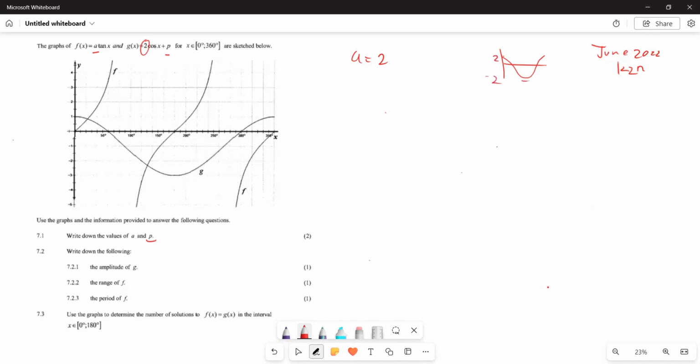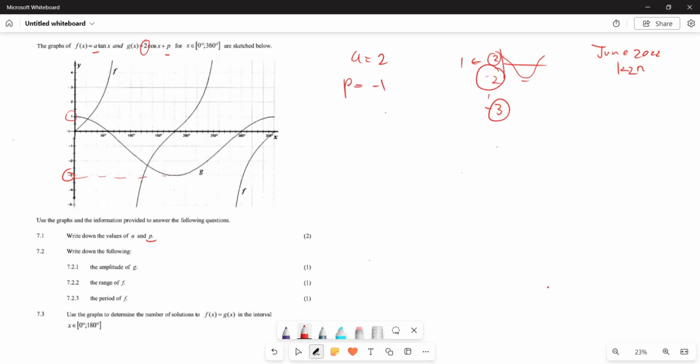But here you are having 1, and at this point it is -3. So the 2 changed to 1, and the -2 changed to -3. This means the graph was shifted 1 unit downward, so the value of P is going to be equal to -1.